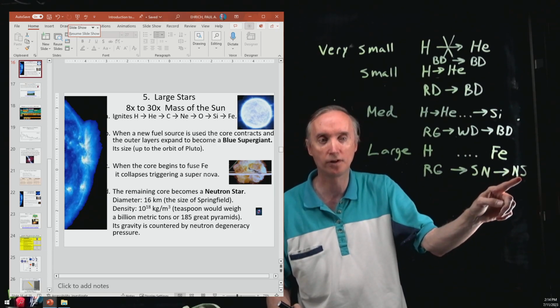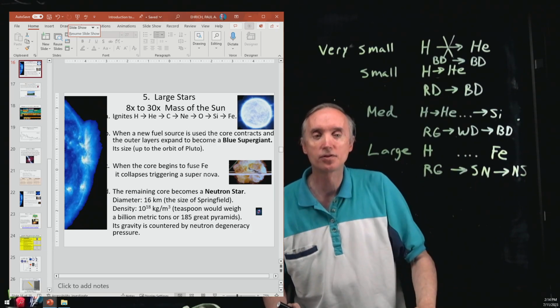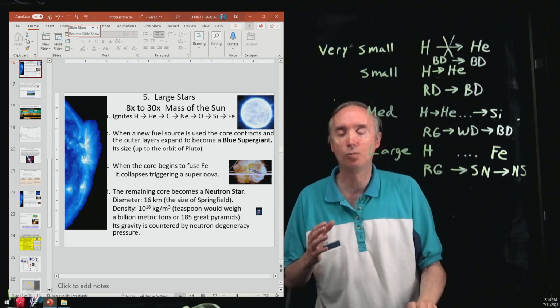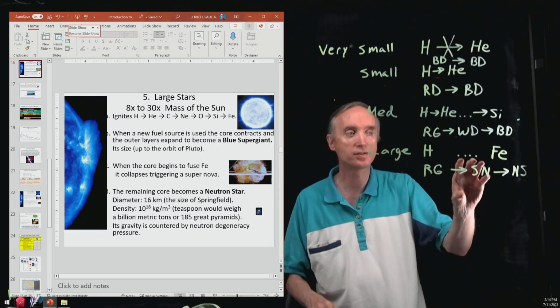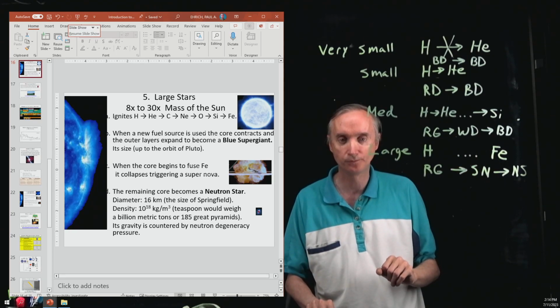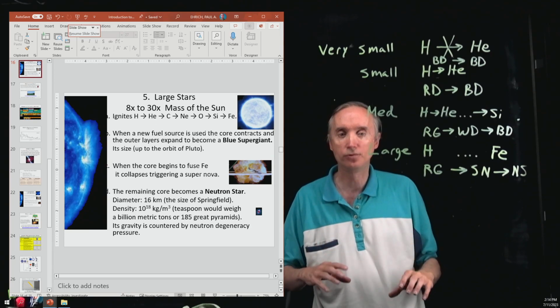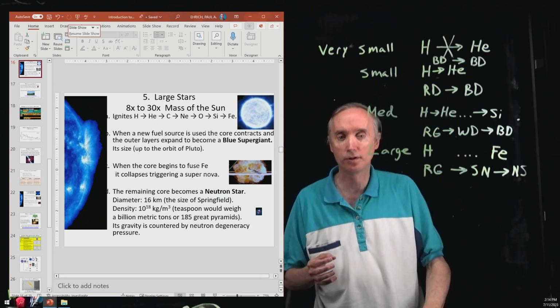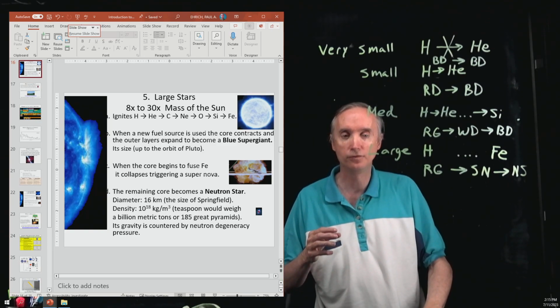So let's continue by saying what will happen with this titanic release of energy that is going to occur. Normally we say that elements smaller than iron undergo nuclear fusion.